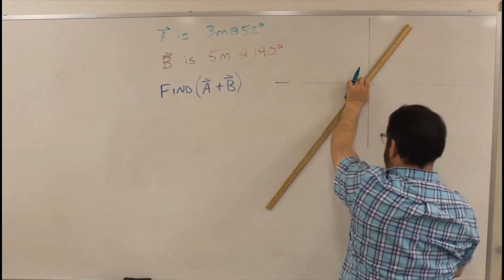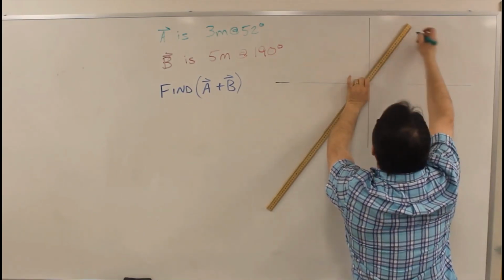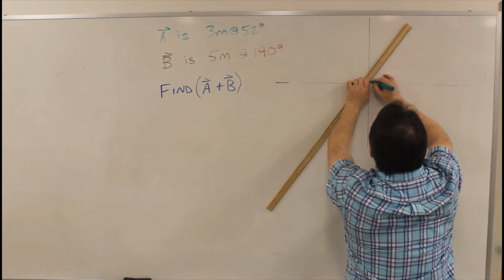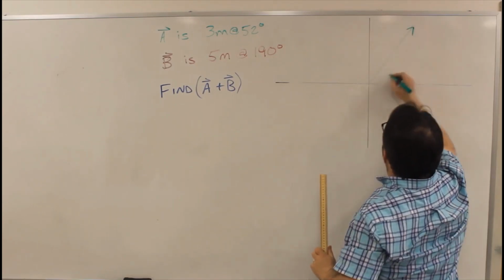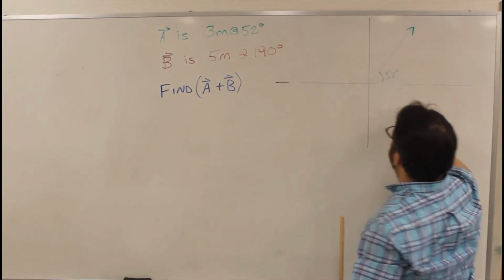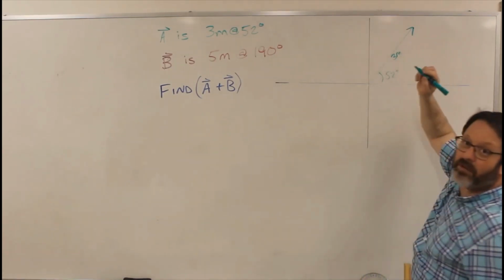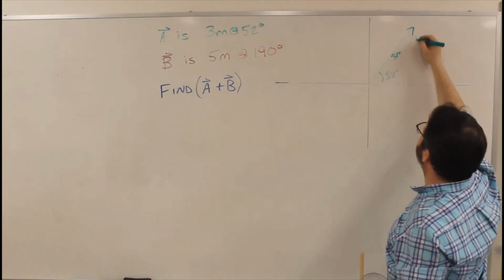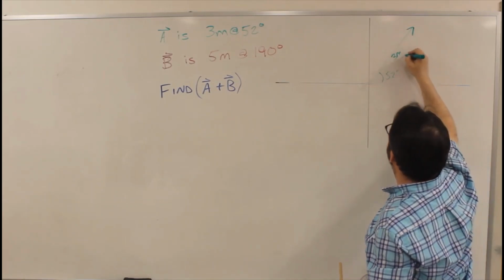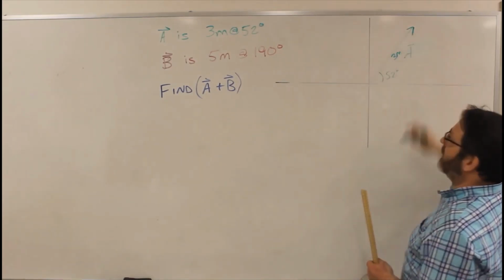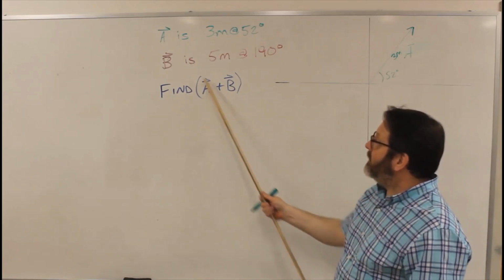So that's 52 degrees. This is, well, I'm calling it 3 meters, it's really 0.3. And then this is vector A. Goes like that.